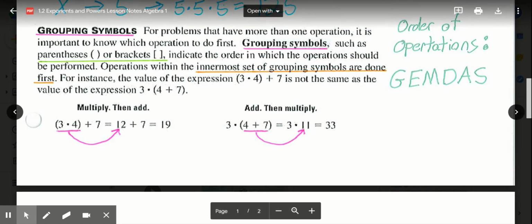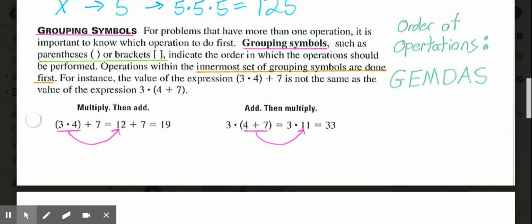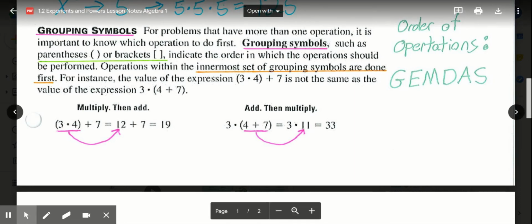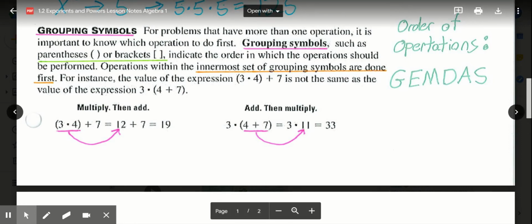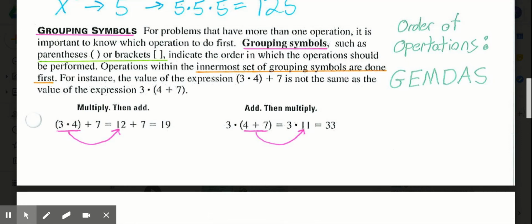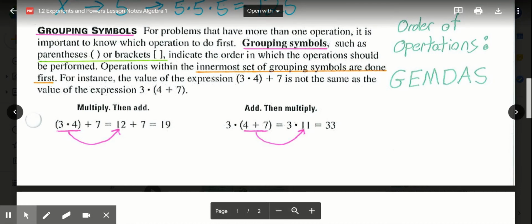So grouping symbols tells us which operation to do first. So grouping symbols such as parentheses or brackets indicate the order in which operations should be performed. Operations within the innermost set of grouping symbols are done first. So we have to do any operations inside the grouping symbols first.